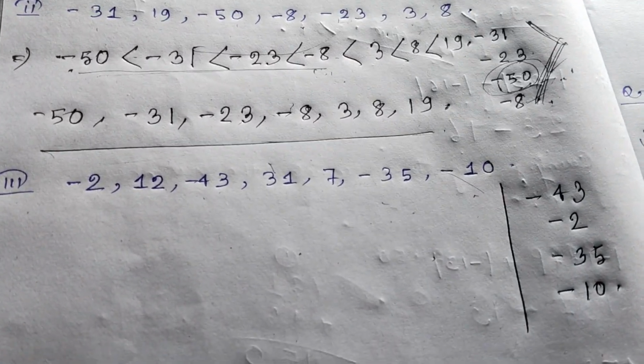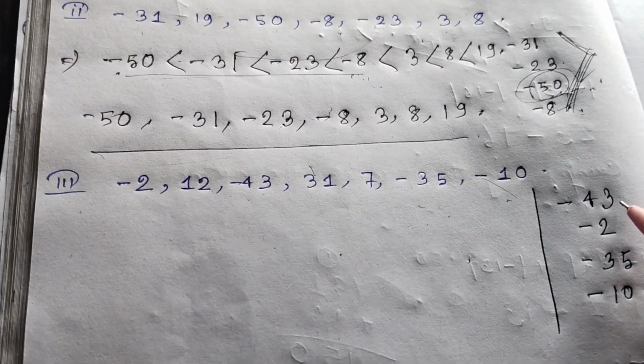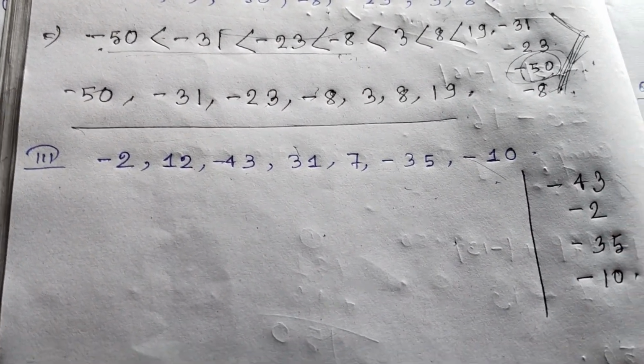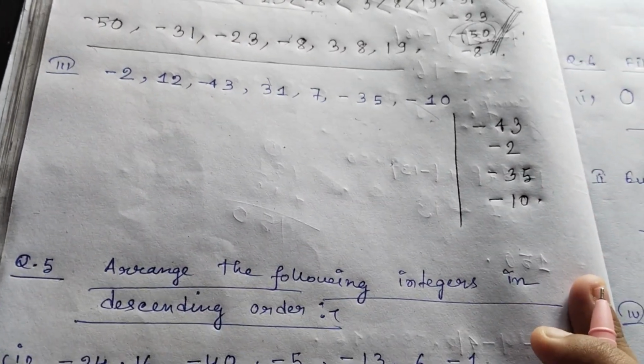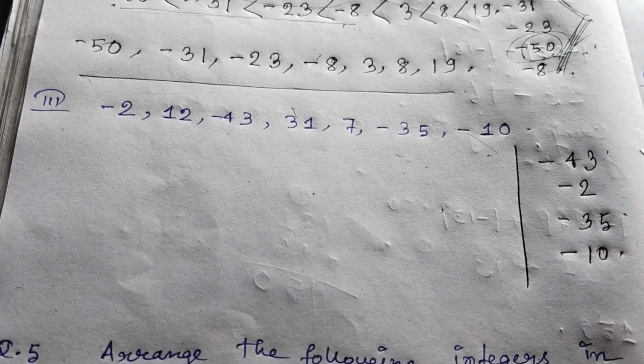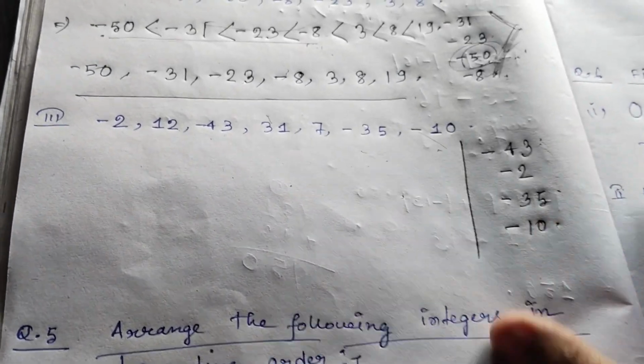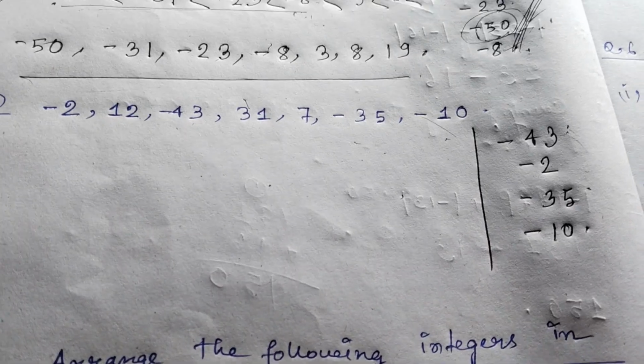To compare the negative integers, we have to follow some basics. First of all, you have to check which is bigger in basics. You know that very well, -43 is bigger in basics. So in comparing negative integers, the one that is bigger in basics becomes the smallest.